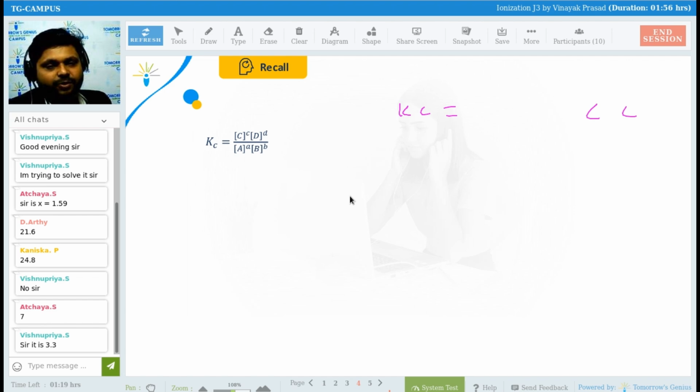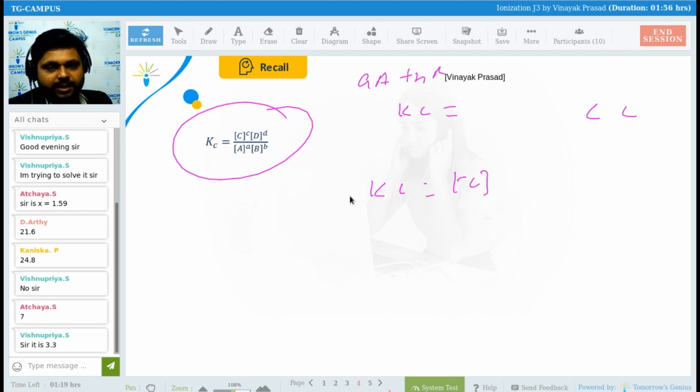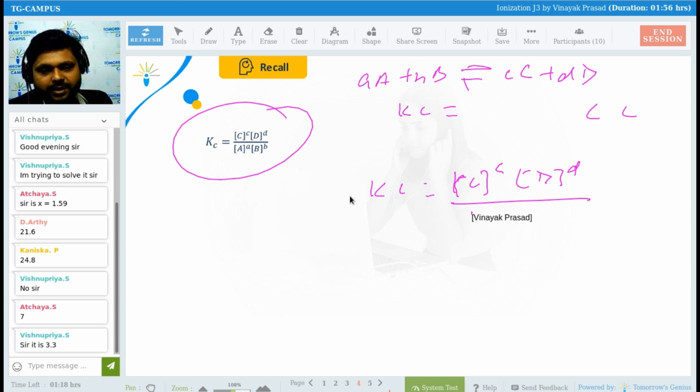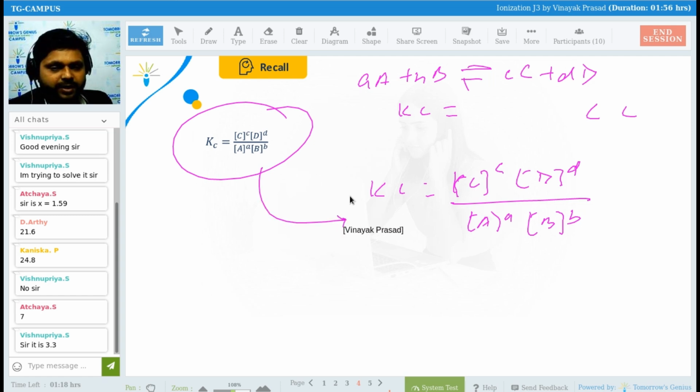If there are A and B concentrations, and C and D, we can find the value for Kc: concentration of C to the power c, concentration of D to the power d, upon concentration of A to the power a, concentration of B to the power b. This is the simple formula that we get from where?